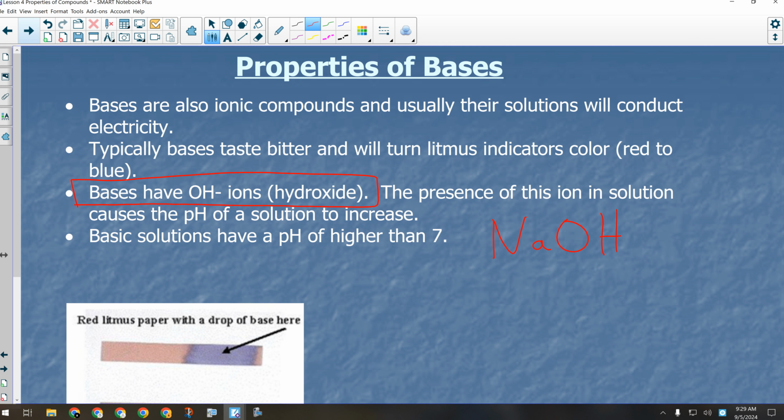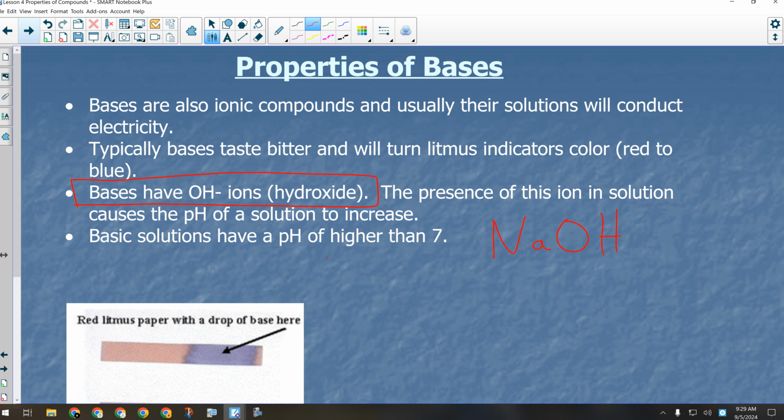The compound I just wrote on the board, sodium hydroxide, NaOH, is a very strong base, because it is an ionic compound and the non-metal is hydroxide. Strong bases do the same thing as strong acids. They dissociate very quickly, and the more OH that can be put into the solution, the higher the pH is going to be. Making sense there?